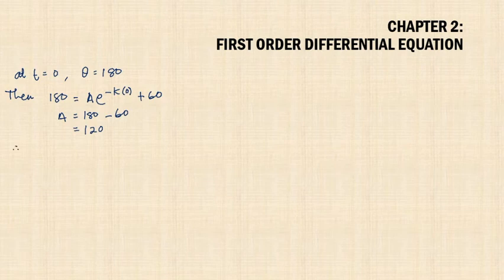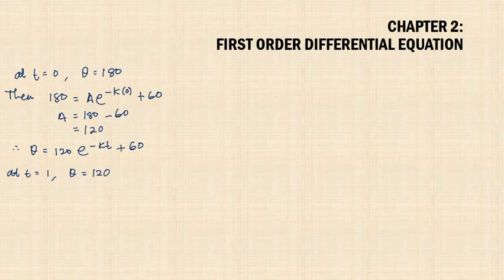So we have theta as 120 e power of negative kt plus 60. And for the second value at t equals 1, the temperature is 120.